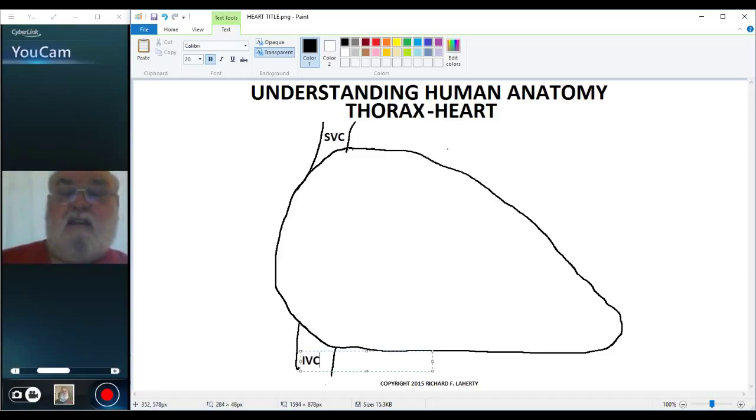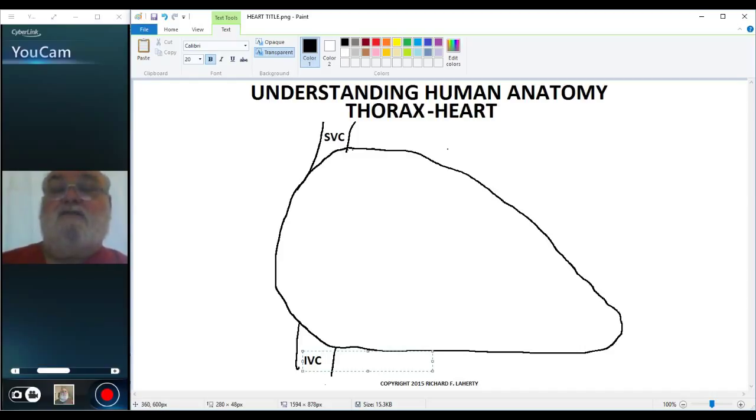And what I also want you to realize is that the heart sits on the diaphragm, which separates the abdomen and the thorax, the abdominal cavity and the thoracic cavity. And the inferior vena cava in the thorax itself is very short, maybe 4 or 5 millimeters at most.